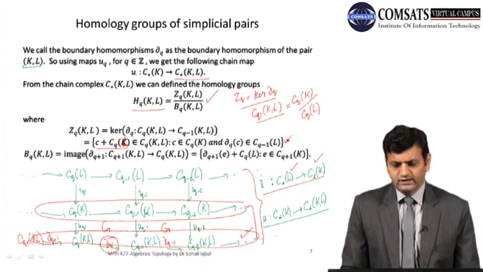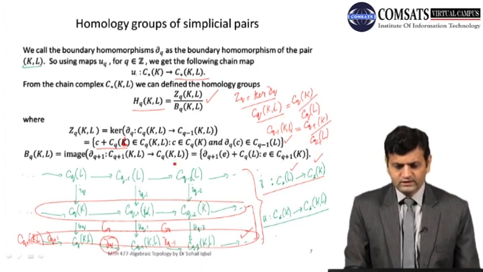So let's see why it is this. This map ∂_q is from C_q(K,L) to C_{q-1}(K,L). We have already seen that C_q(K,L) is equal to C_q K quotient with C_q L. So what is C_{q-1}(K,L)? It is C_{q-1} K quotient with C_{q-1} L. And we are saying that this element, which is c + C_q L, goes to 0.